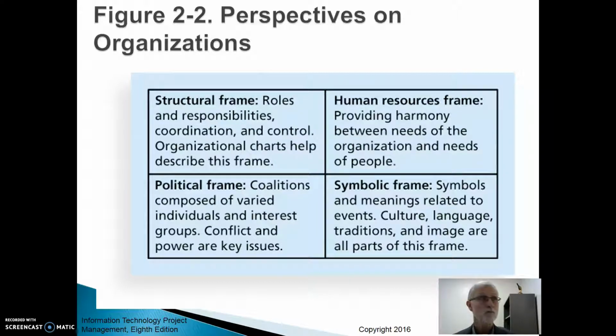Are there any individuals, teams, or intercompany groups in a power struggle or conflict, whatever the case may be? And then symbolic: are there languages, cultures, and meanings, especially if you're on a worldwide stage dealing with groups of people from different countries? You may have cultural and language issues that need to be addressed.